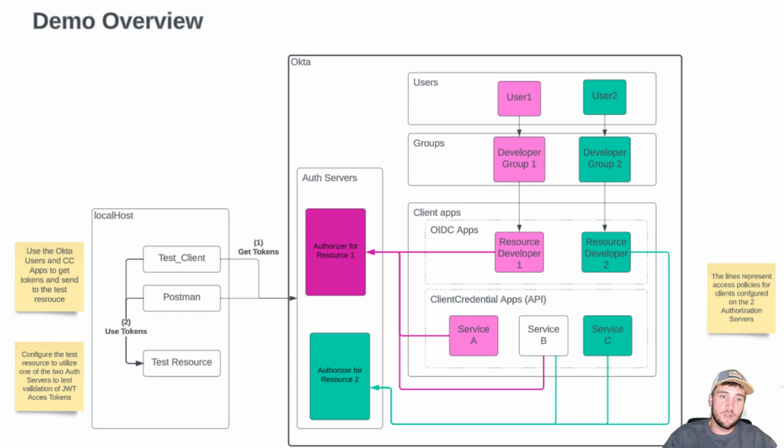You can also configure the resource service to point at one of those authorization servers to test some of those different use case scenarios as well. So Okta Terraform provides this kind of setup for you right out of the box.